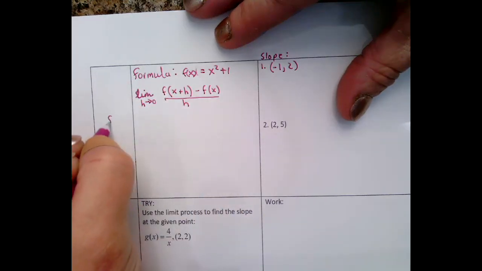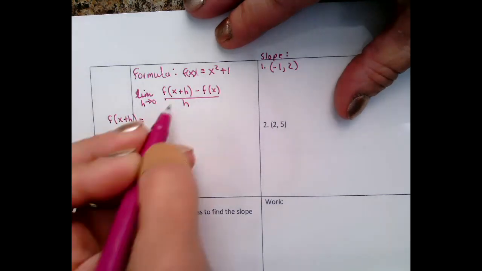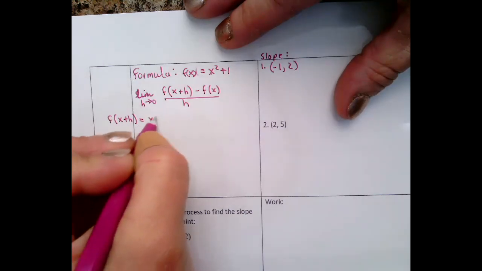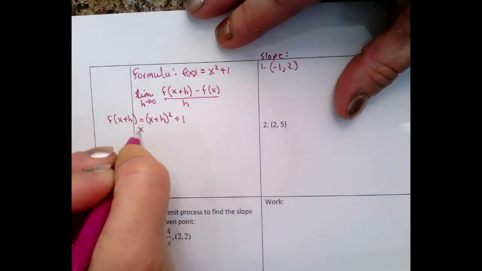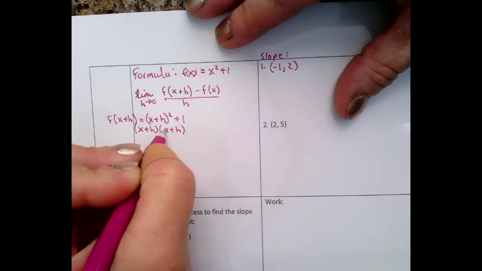So my very first step, I need to find f of x plus h. That's always going to be my first step. So anywhere I see an x, I'm plugging in x plus h. So x plus h squared plus 1. I'm going to go ahead and write it out this time, since last time I made a little mistake.